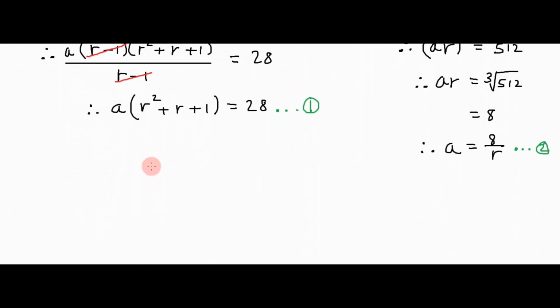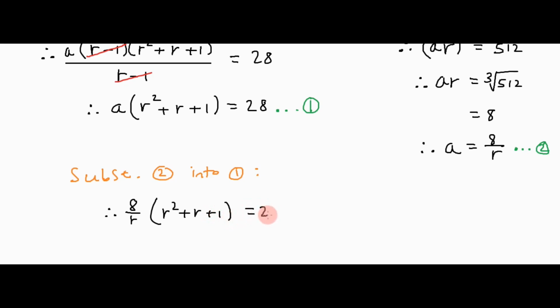So we're going to substitute equation 2 into equation 1. So we have A, which is 8 over R. So 8 over R into R squared plus R plus 1.